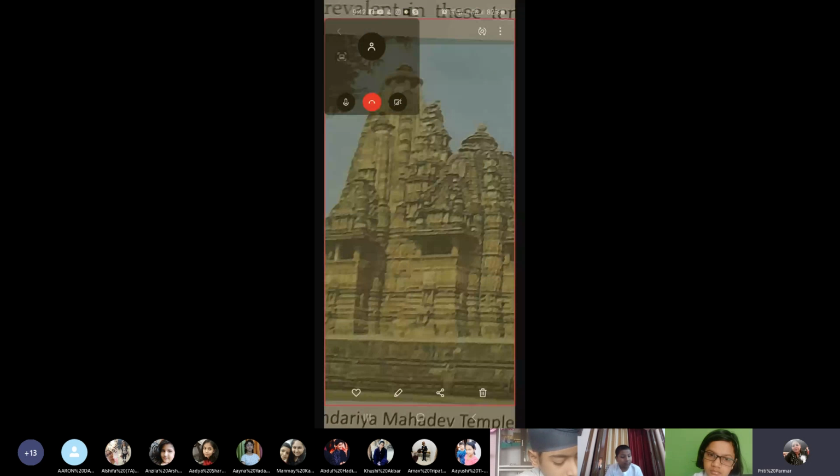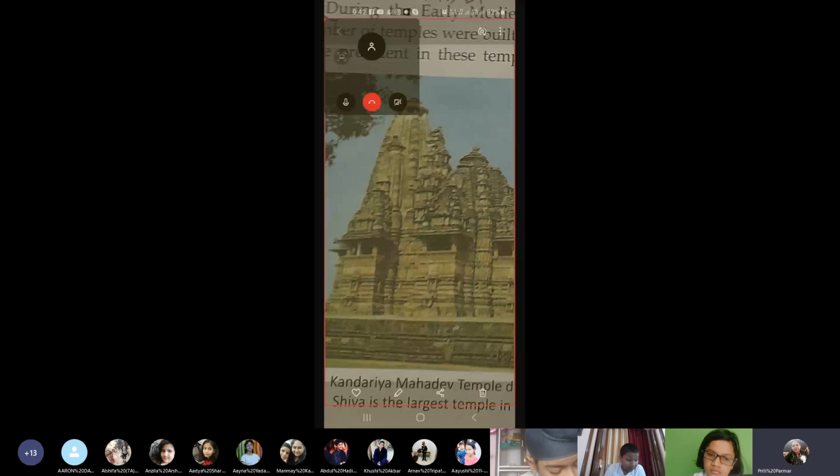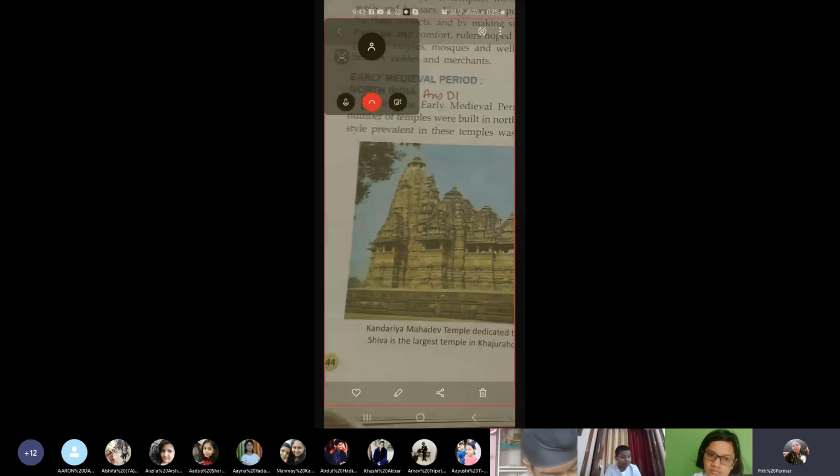Clear? Now this we had done till the examples which were covered: the Kandariya Mahadeva temple, the Vishwanath temple, and the Paraswanath temple. These were built in the Nagara style, and they have been given as the prominent styles of North India. Now, most of the temples were built by the Chandela rulers.